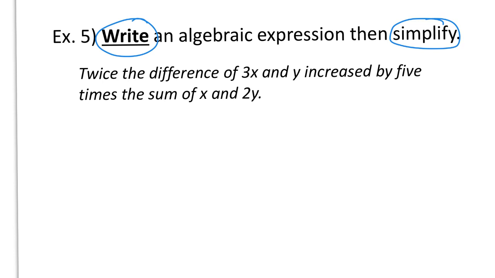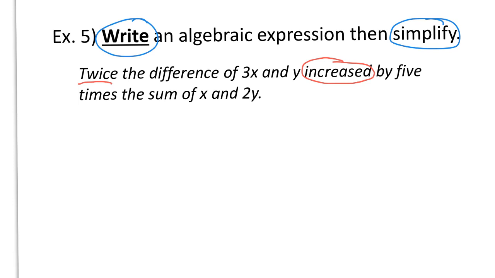So first, we have twice the difference of 3x and y increased by 5 times the sum of x and 2y. So first of all, you guys know what's twice. Twice means you are multiplying by 2. So I'm going to start by saying I am going to multiply.